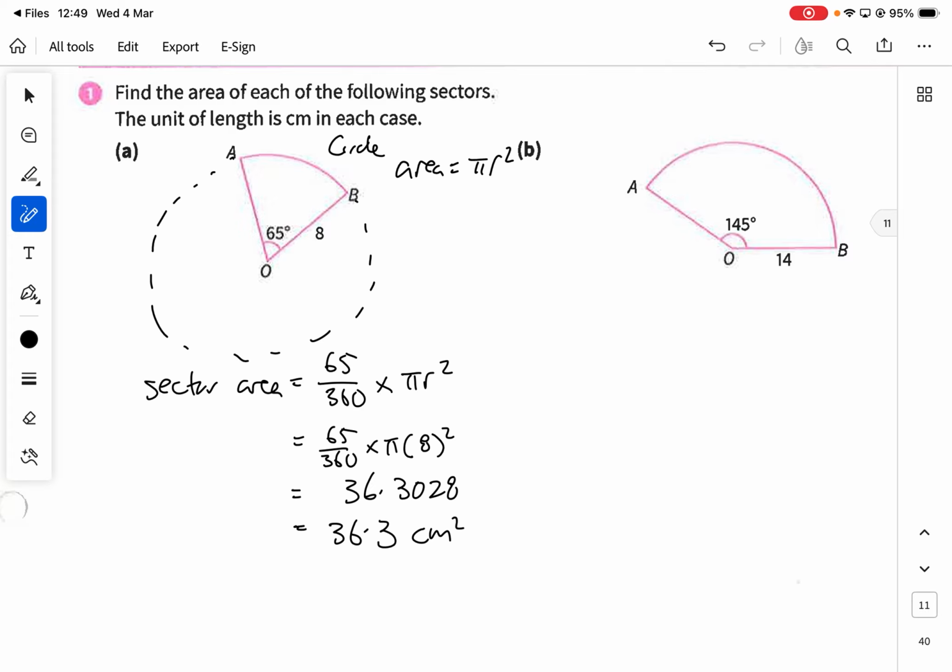Okay. The answer is 248. Okay, so the sector area equals to 145 over 360 times pi r square. 145, 360. R is 14.